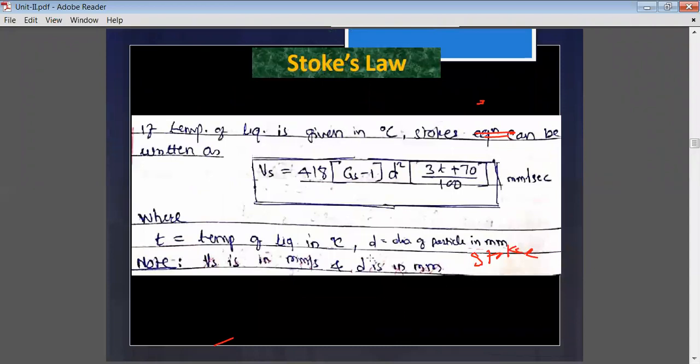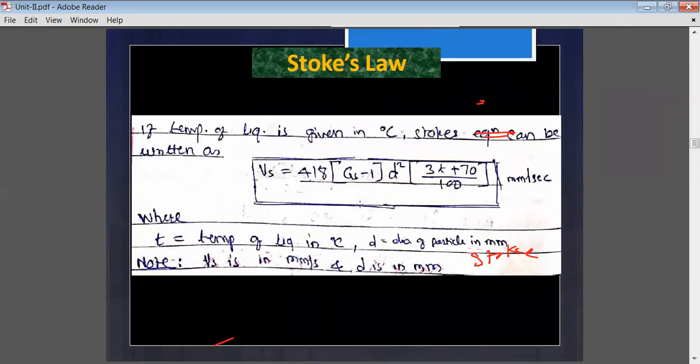And this is another formula that was used to find out the settling velocity. If the temperature is given, then we can use this second formula. So this formula we have to use right now.